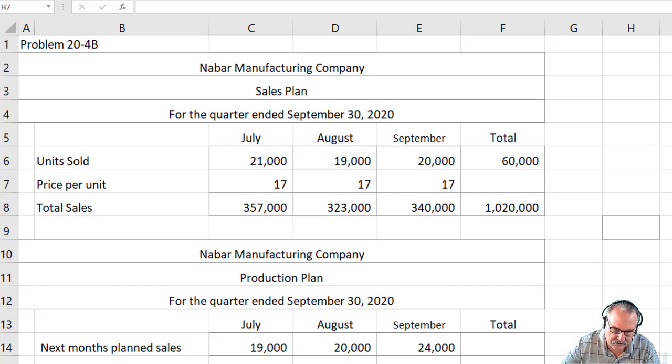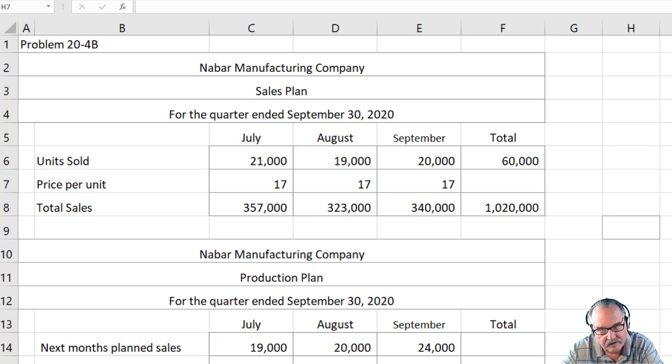So what we have to start with, again, is sales. The book has provided you with a June 30 estimated balance sheet. I've changed the year to 2020, that's fine. So we're planning the months of July, August, and September.